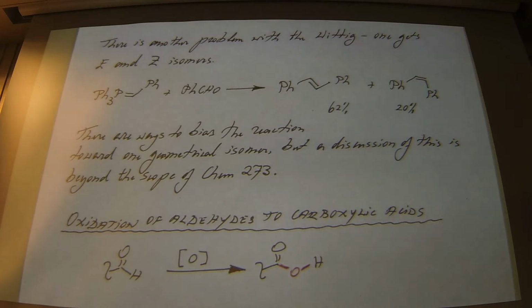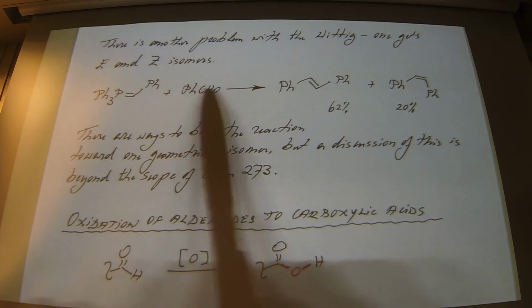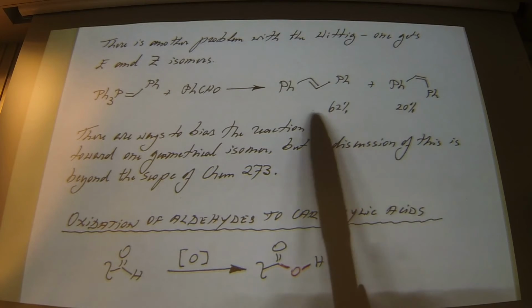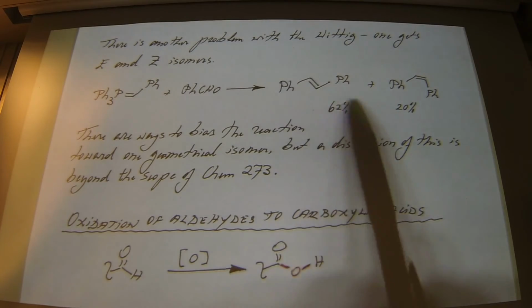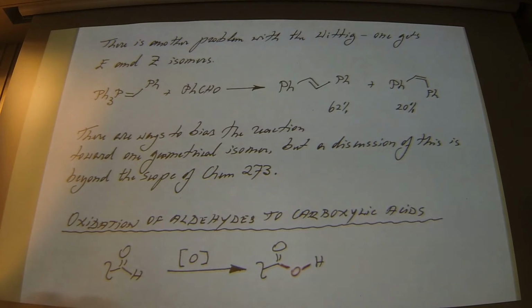So in this case, this is a particularly bad case where you have phenols on both ends. You get about a 3-to-1 mix here. And you say, well, 3-to-1 mix, what's so bad about that? I can separate them out. Yeah, but the separation of geometrical isomers of alkenes is a real bear. That's not usually easy to do.